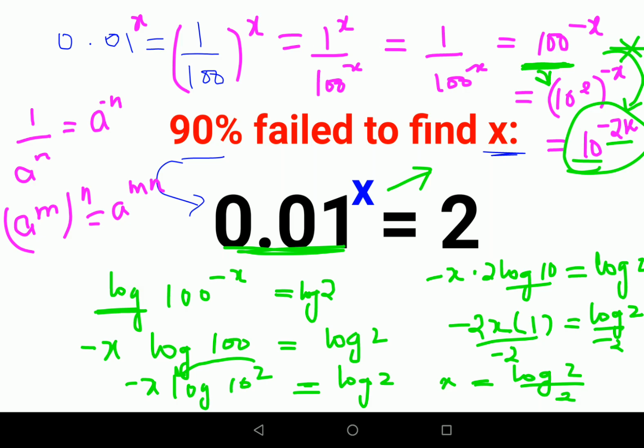Another thing, very important: whenever you look at these questions, a lot of people thought that this cannot be done. The first thing which I did was to simplify the question. Basically, they had given us the decimal part. Whenever you are coming across a decimal situation, it is very important for you to write it in terms of a fraction.